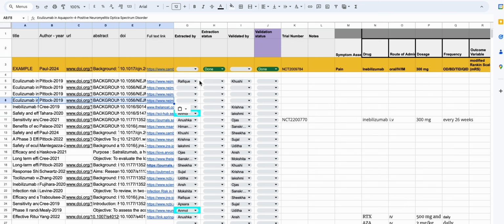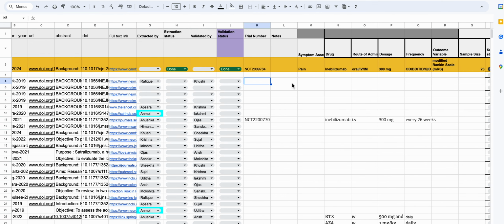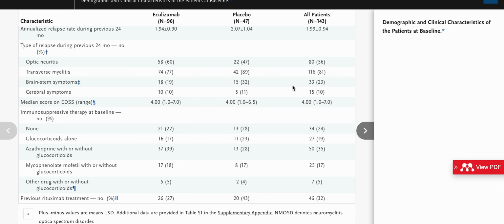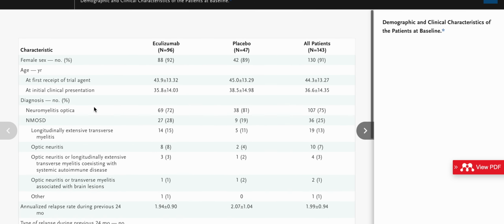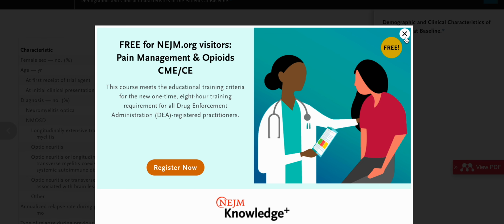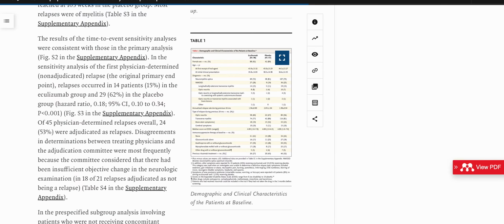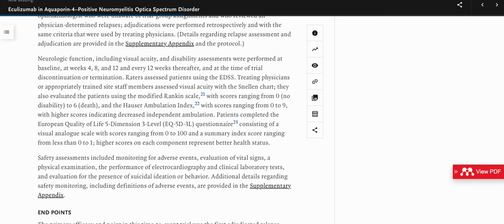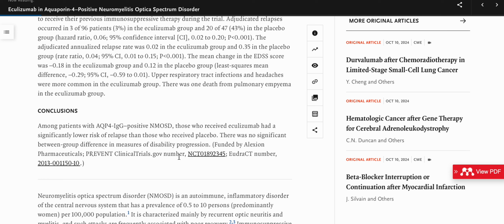So this is the first step, and then after that I would just write the trial number if it is present. Basically, I have to see whether the trial number is present or not. So I would just search NCT. Yeah, trial number is given.